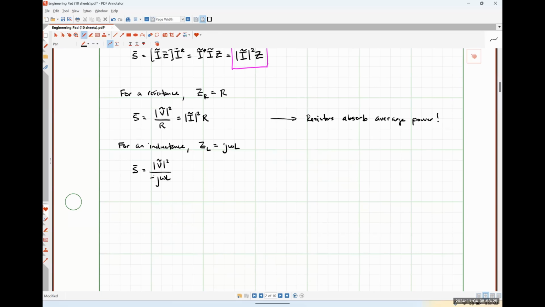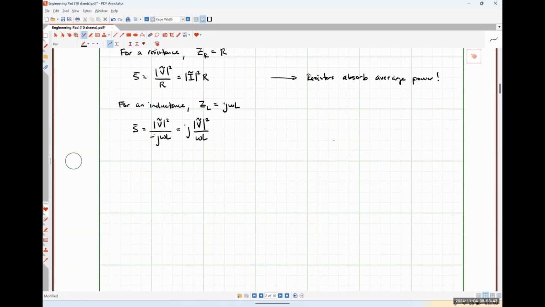What was that, Aiden? Positive j. So this is just j times the magnitude of the voltage squared over omega L. Okay. I'll do the current one down here. So that is going to be the magnitude of the current squared times j omega L, or expressed slightly differently, j times the magnitude of the current squared times omega L.